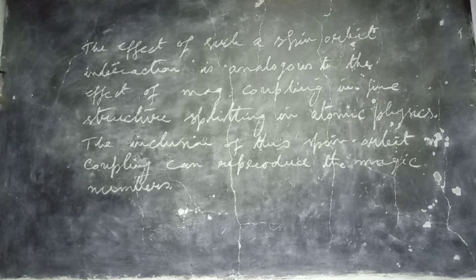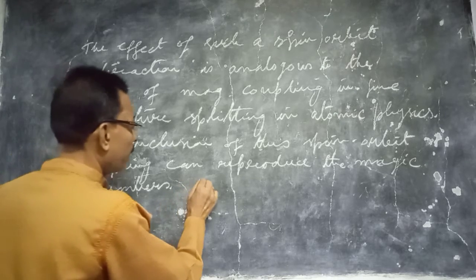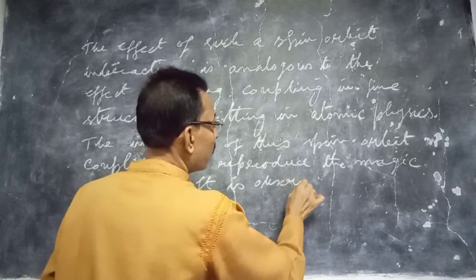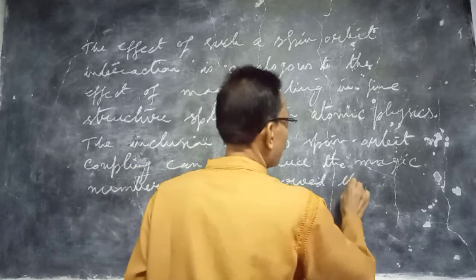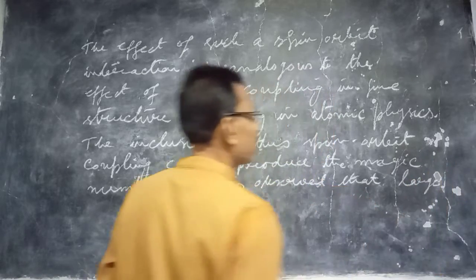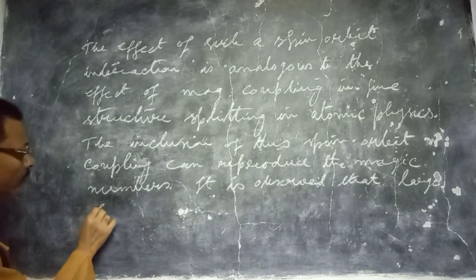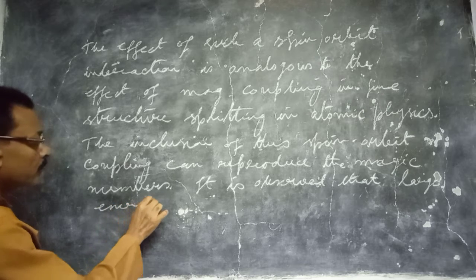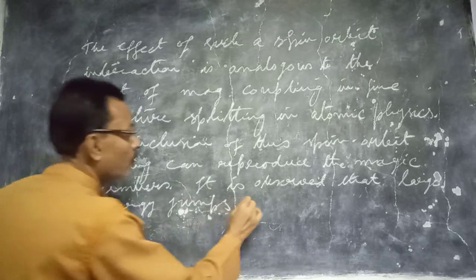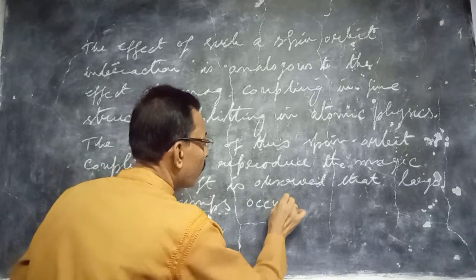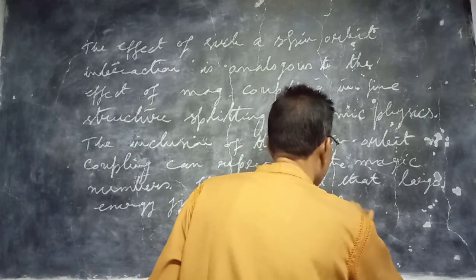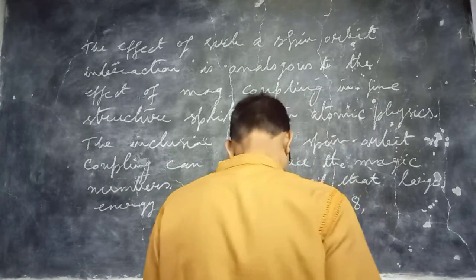Now with this inclusion of spin orbit coupling, it is observed that the large energy jump occurs at 2, 8, 14.